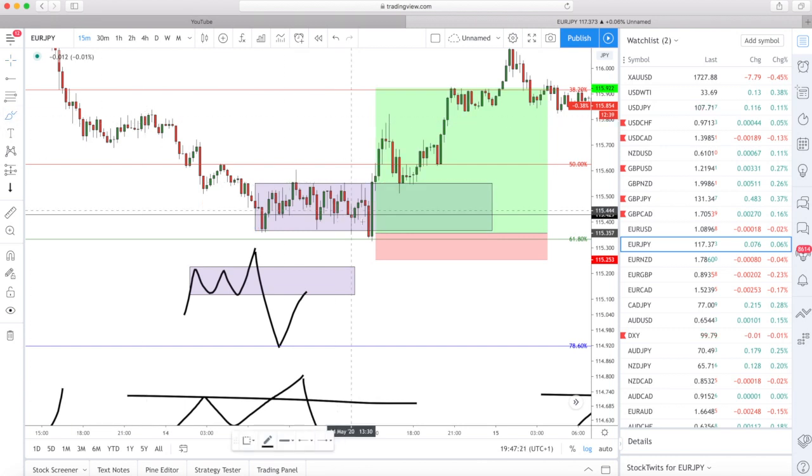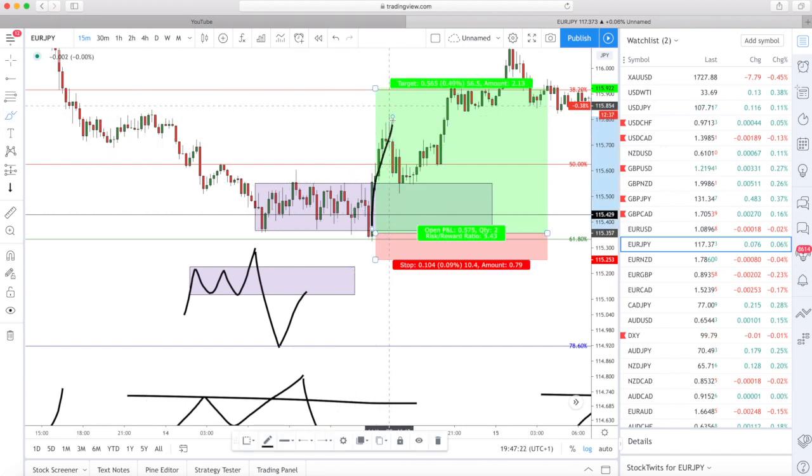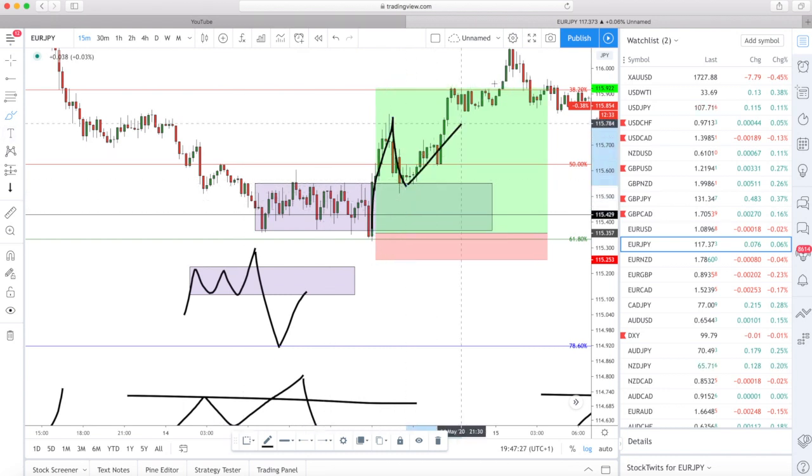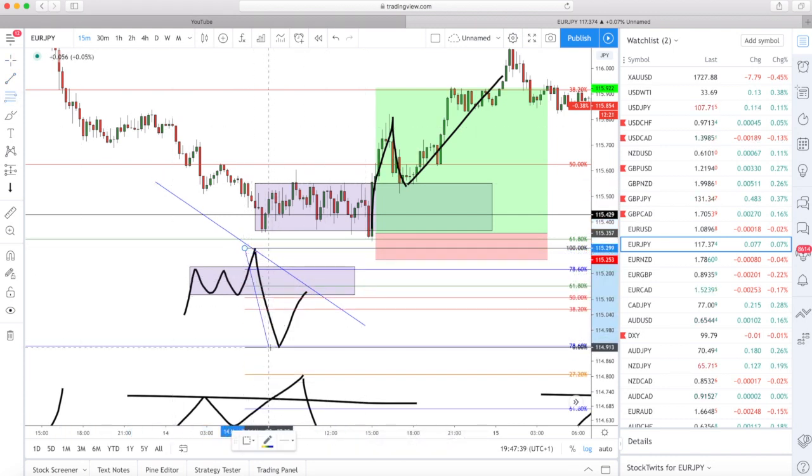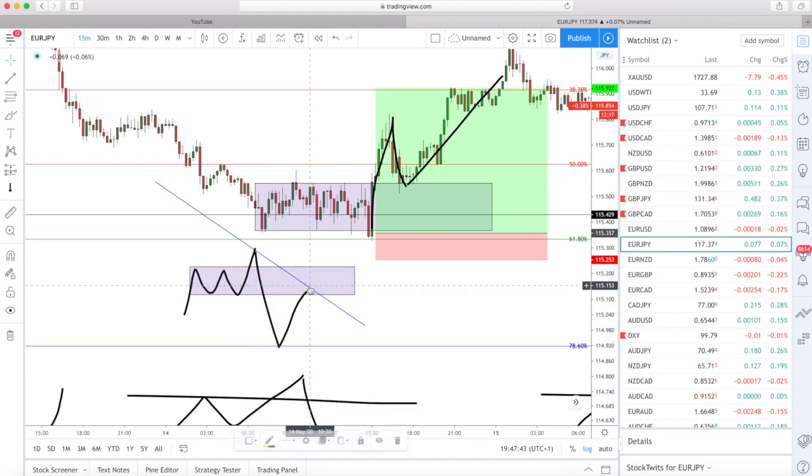We pushed up, people were entering longs, but you need to wait for this pullback to get a better entry before it makes its push to the upside. So this is where you can use a trend line. You might have a touch up here, you can join up the trend line, look for the third touch and Fibonaccis, etc. So that's how you build confidence around taking a trade like this.